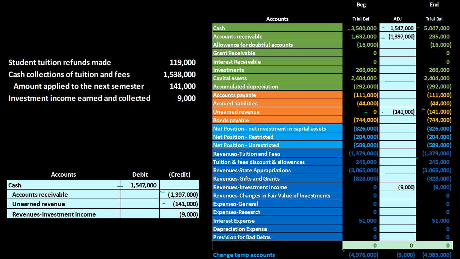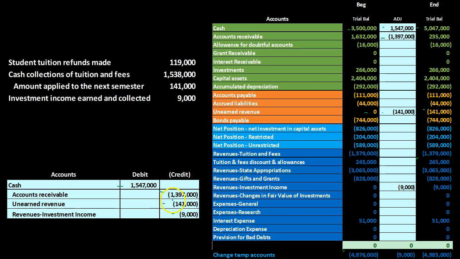We have not yet earned it. It's a liability until we do so. Once we do so, we will reduce this liability and record the credit to the revenue account. And then the other side of the revenues for the investment income going up in the credit direction. We could see the effect on what would be similar to the net income number is going up here by the $9,000, the investment income.